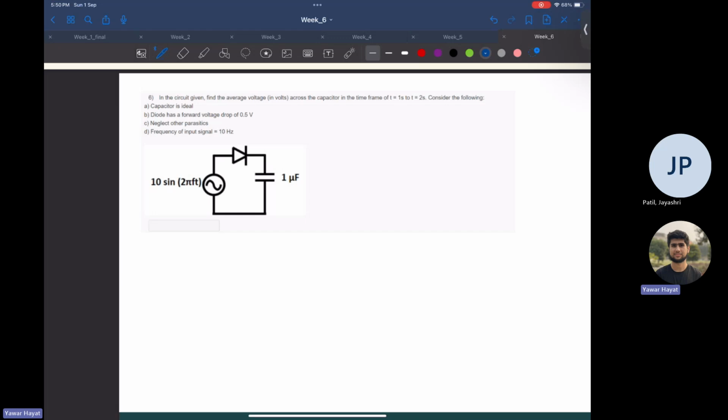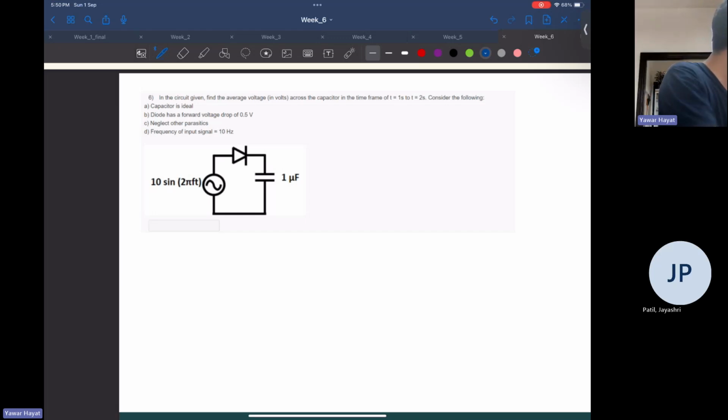Okay, so I guess I gave sufficient time. See, it's a peak detector circuit, right?